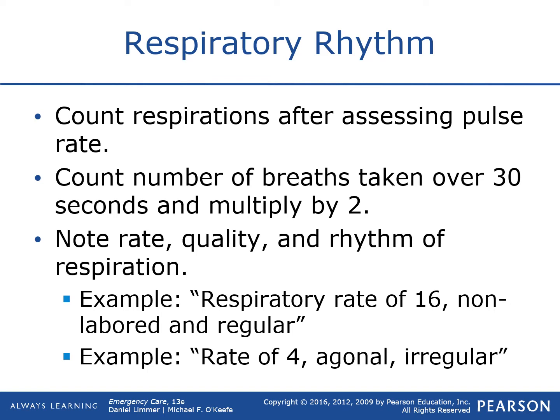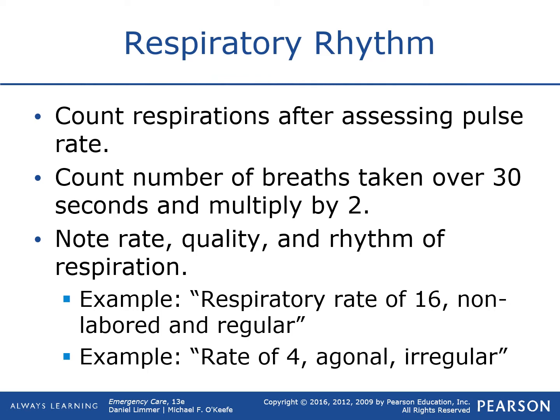So if we have our fingers on the radial artery and someone thinks that we are still taking their heart rate, then we just change our gaze to look at their chest to count their respirations. We eliminate that bias that people might have when they know that they're having their respirations counted. So that's one of the main reasons why we can do heart rate for 30 seconds, then immediately respirations for 30 seconds.